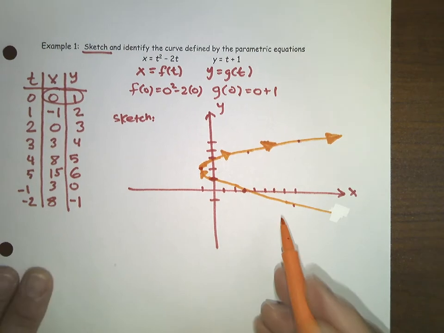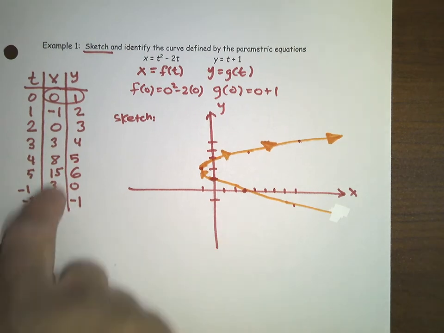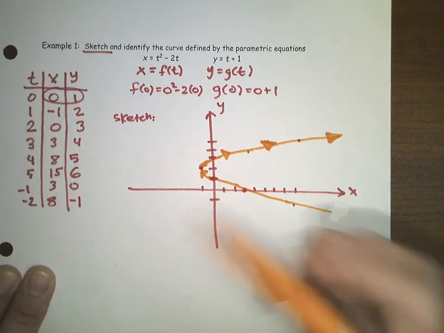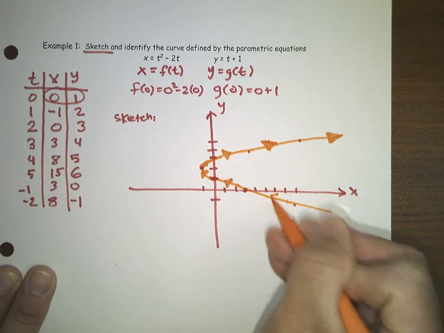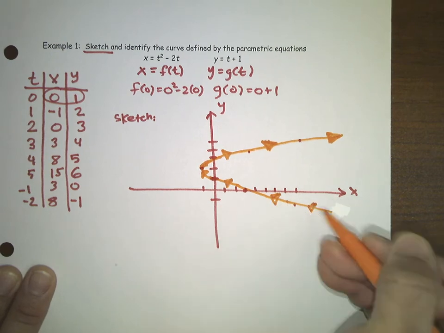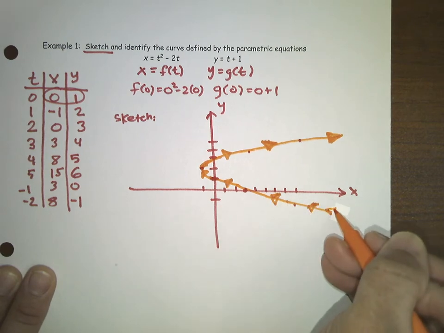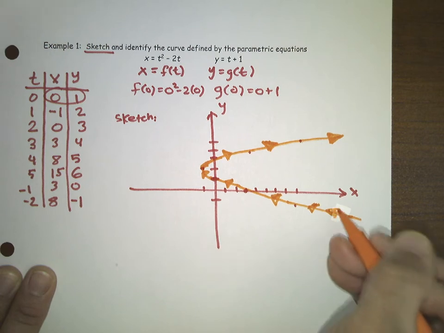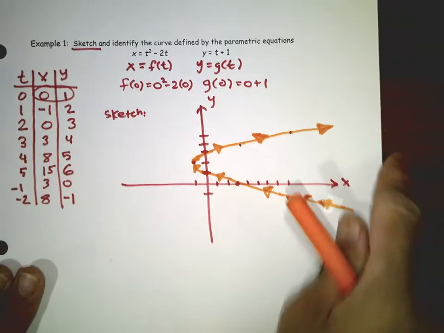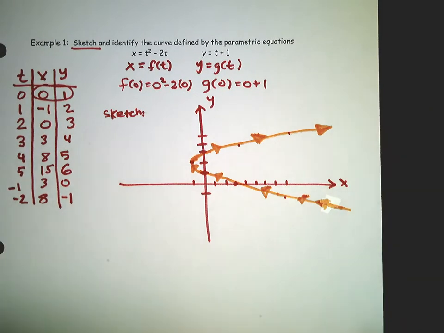Even going from 3, 0 to 0, 1, when t is negative 1 to t is 0, I'm going this way along the parabola. Technically it just keeps coming from this direction and then wrapping back around. So keep in mind that these arrows do matter as well.